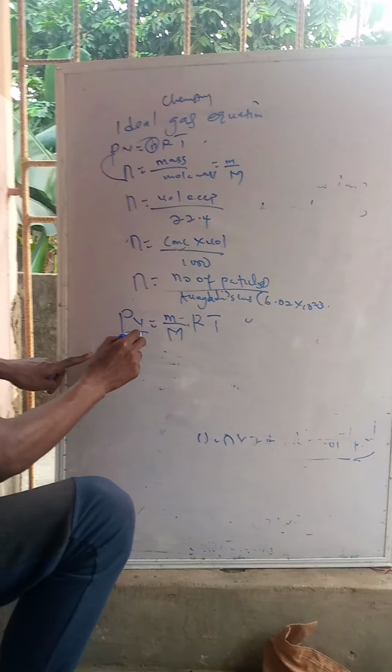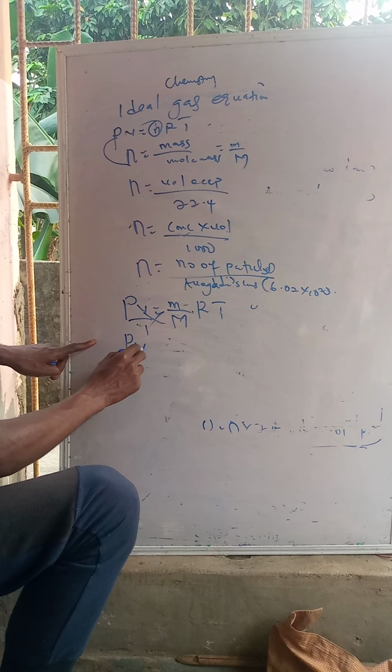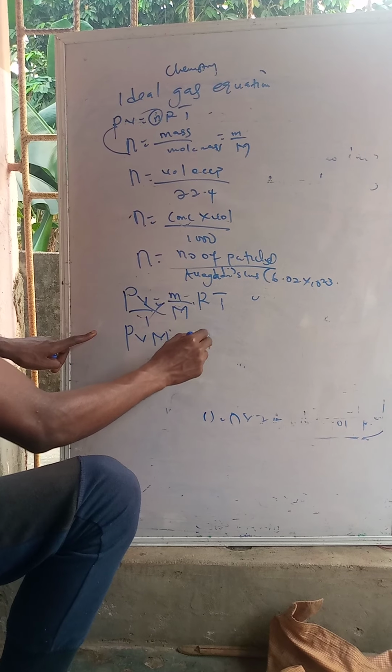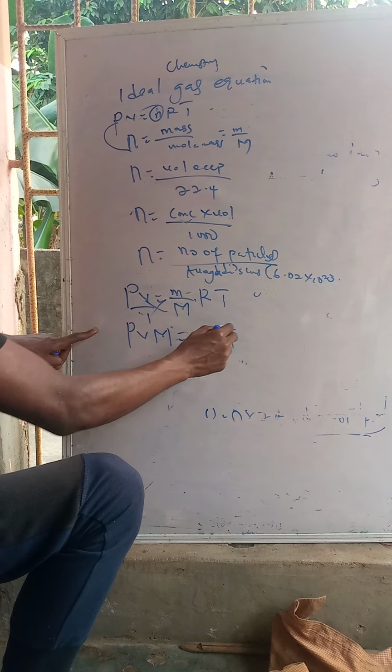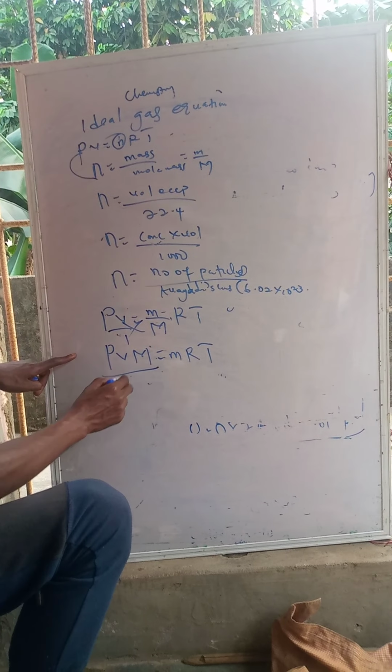So here I'll cross multiply. By cross multiplying, I'm going to have pressure times volume times molar mass equal to mass times molar gas constant times temperature.